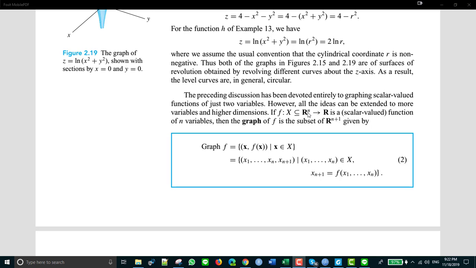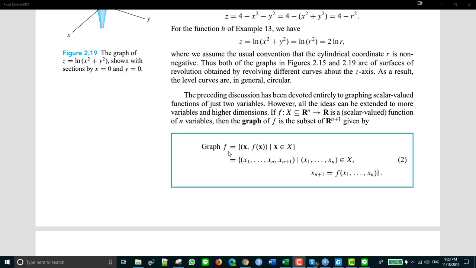So Rn to R is going to be a subset of Rn plus 1, which means we have to have n plus 1 elements here. So here we have n elements, then we have one more because f is a scalar valued function, so this results in a scalar. So this is correct.